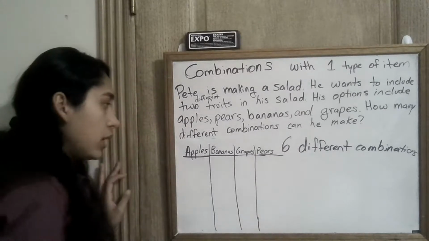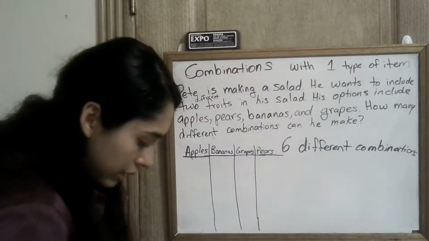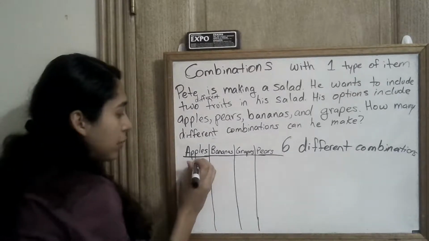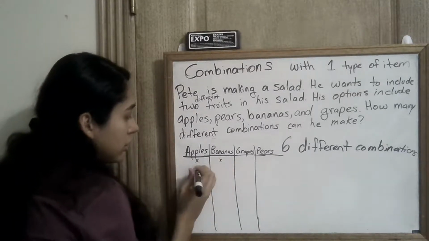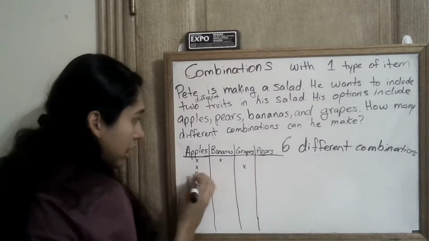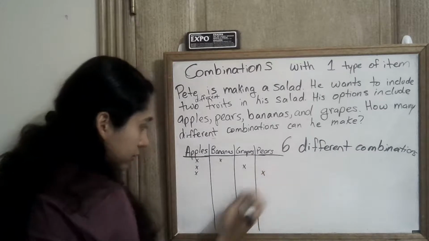Okay. So here, I'm going to put 2 things together on each line. So I'm going to put apples and bananas together. Then I can put apples and grapes together. Then I can put apples and pears together.